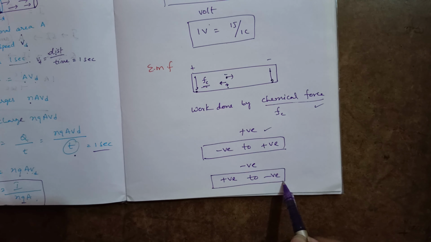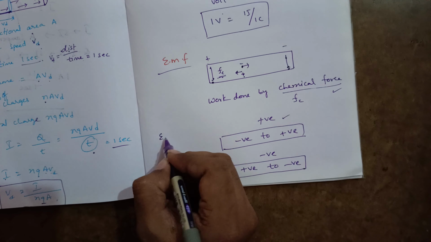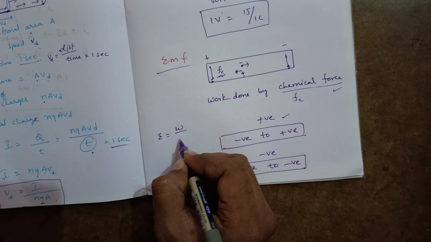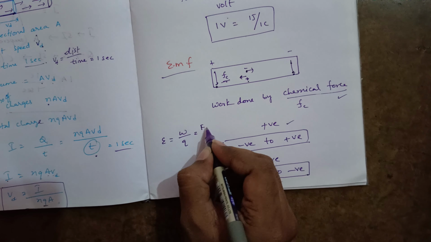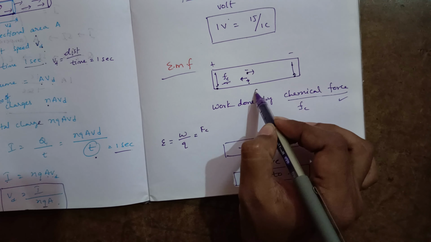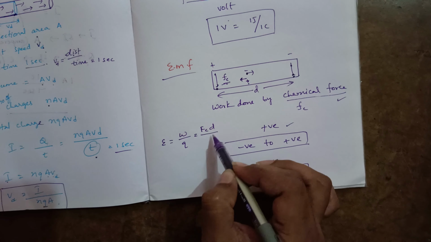That work done per charge is EMF. EMF equals Fc into d by q, if I take the distance as d. It is the same as potential difference: EMF equals Fd by q.